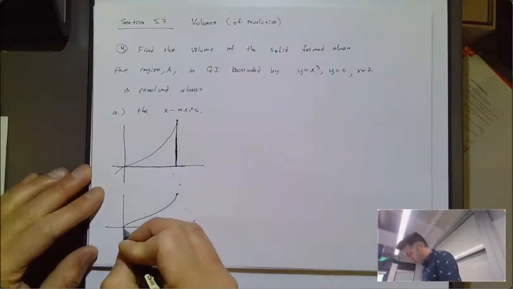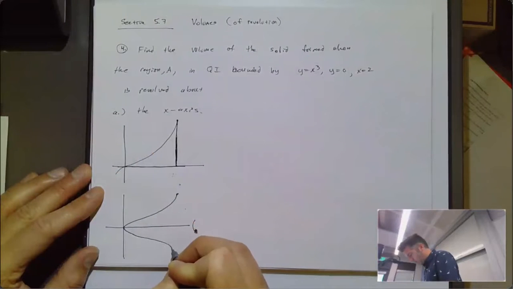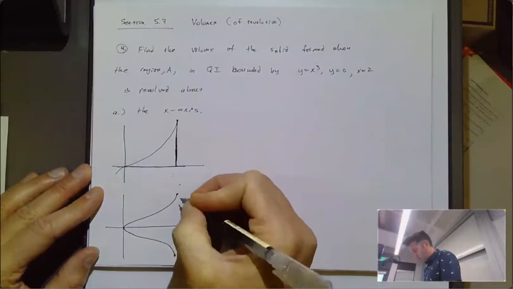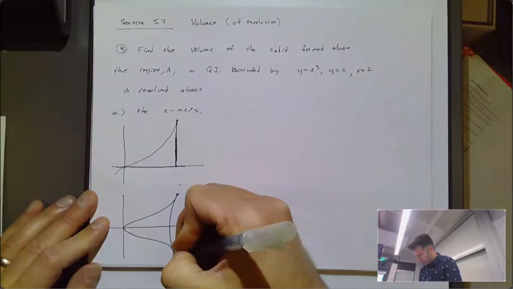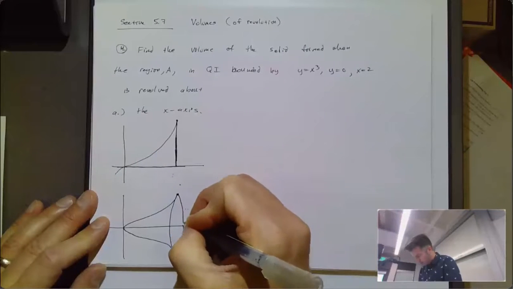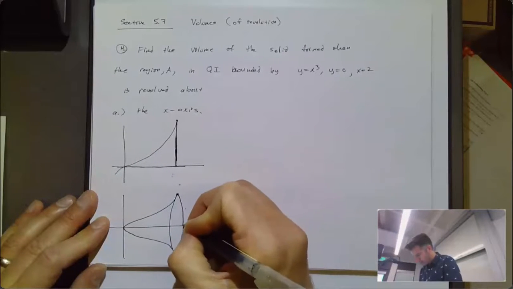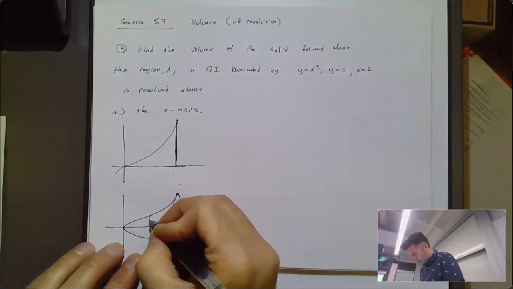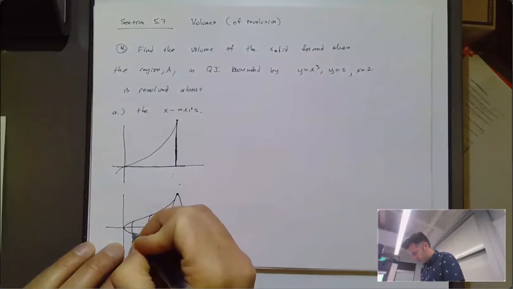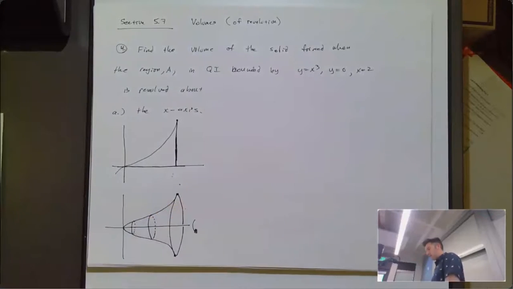I'm going to try and mirror it as best as I can. It doesn't always work out perfectly, but that looks pretty good. And then I'm going to try and make it look 3D. So I'm thinking of this as revolving down like that, coming back like that. That's like behind the axis there. And then, right, it's kind of got this kind of deal. So there's our shape.